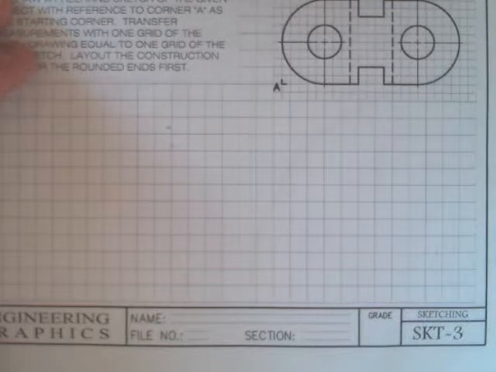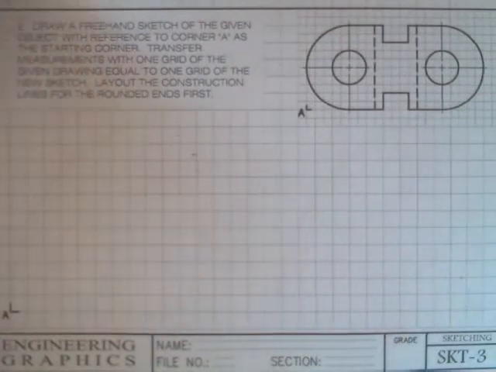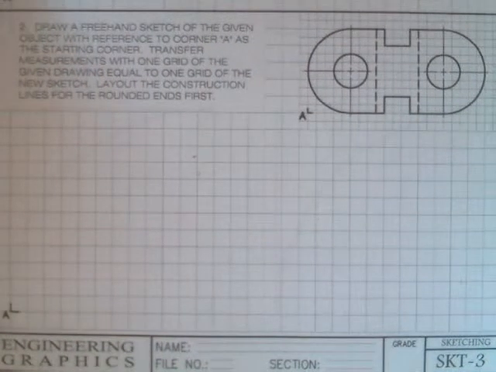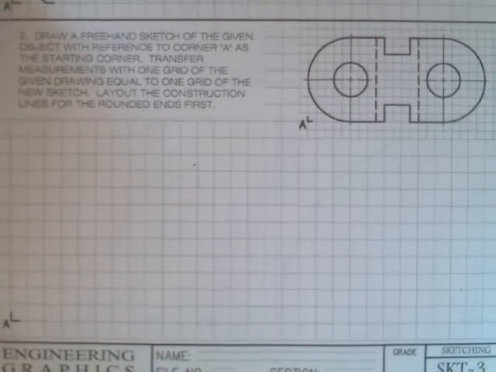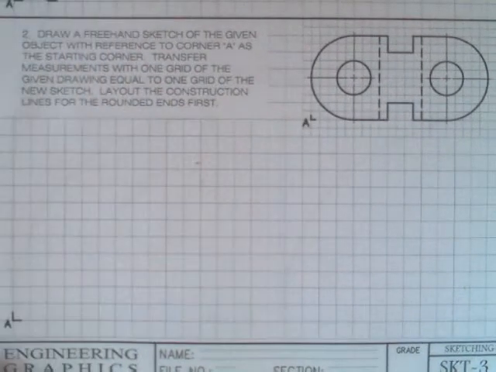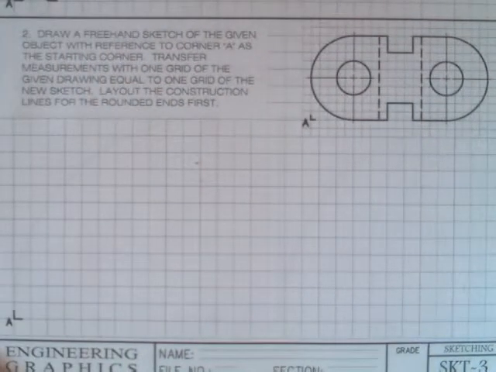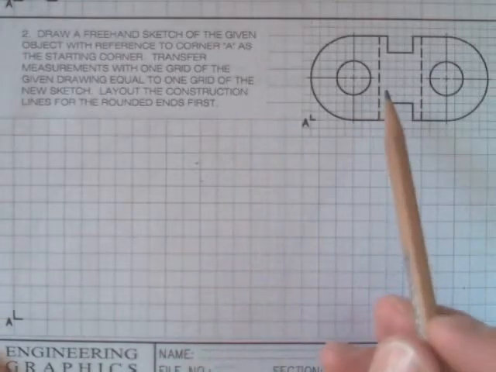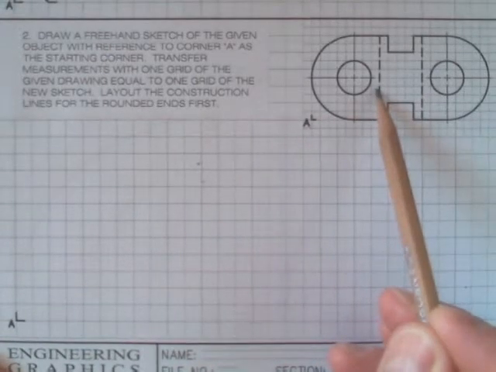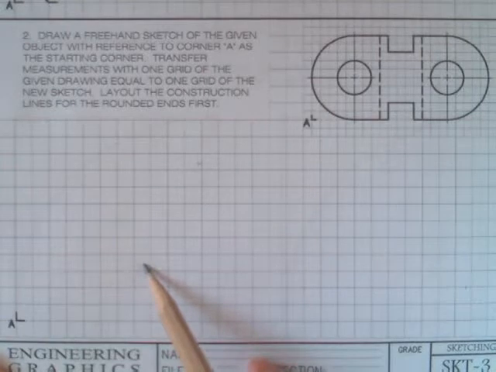I'm going to move to plate sketch 3, SKT-3, and move to the second problem on this sheet and practice what we've talked about in putting a sketch together. I'm simply going to take the illustration here and draw it down here.